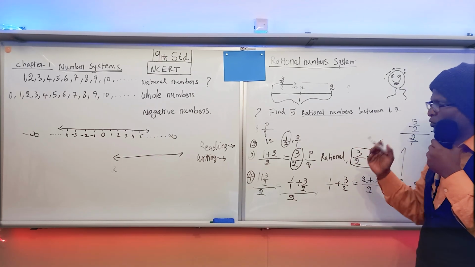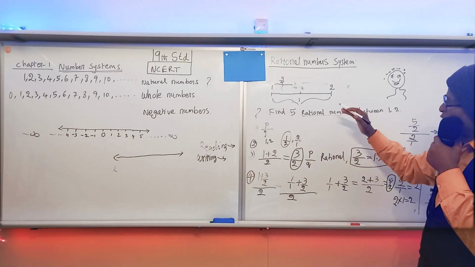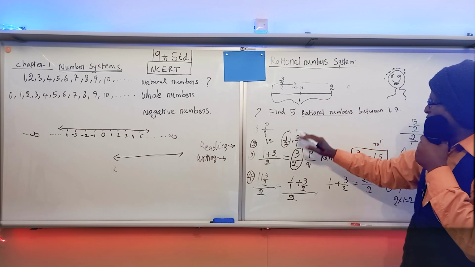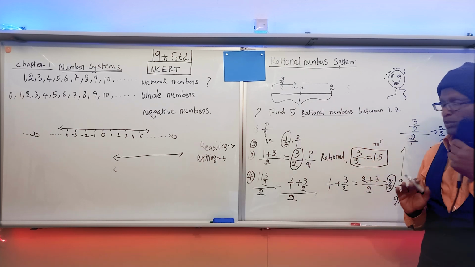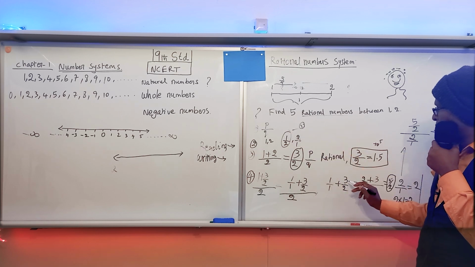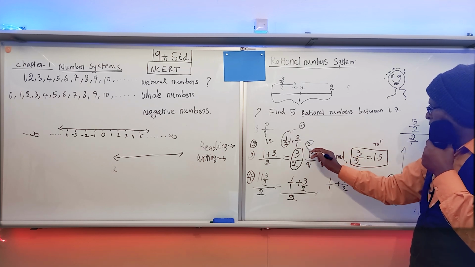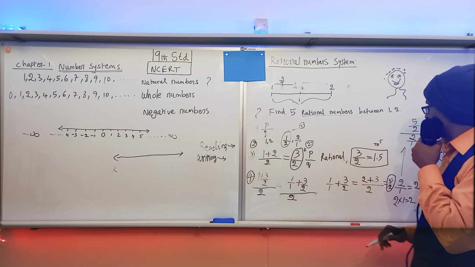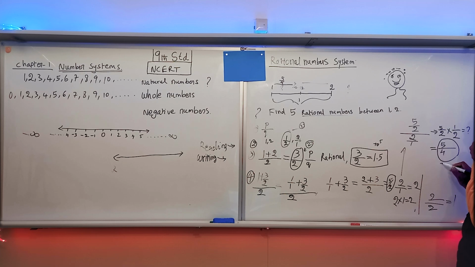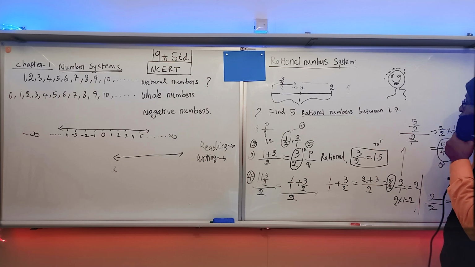But now I leave you with finding the simple rational numbers between 1 and 2. We found 3 numbers here: 1, this one, 2, this one, a rational number between 1 and 2, and then we found the third rational number between 1 and 2.